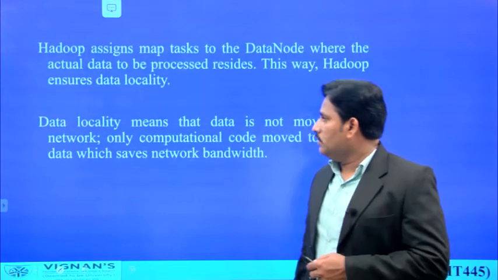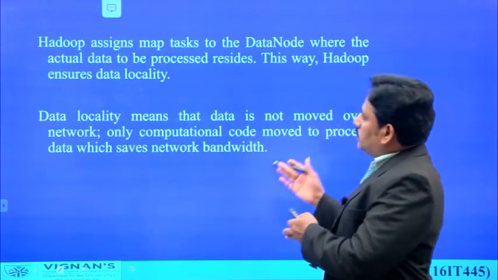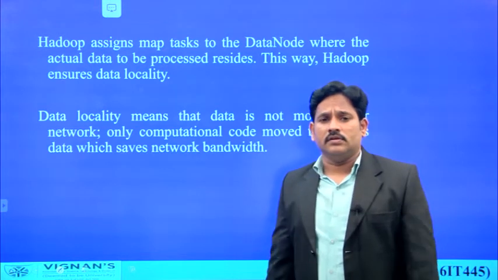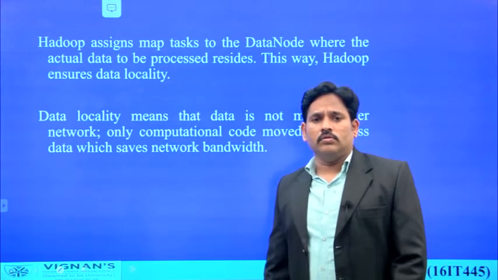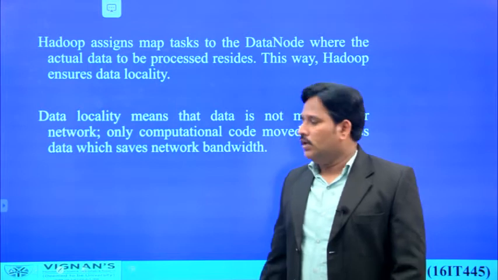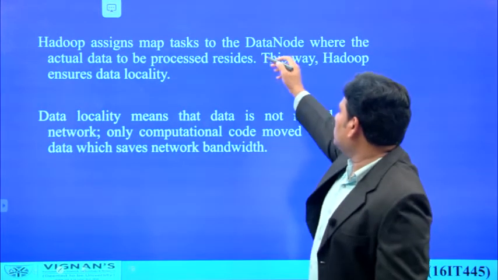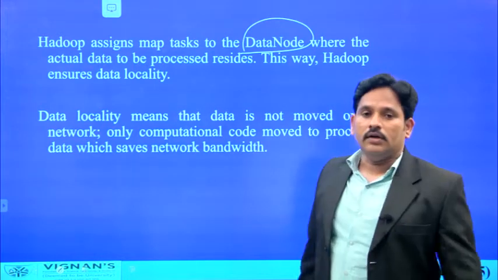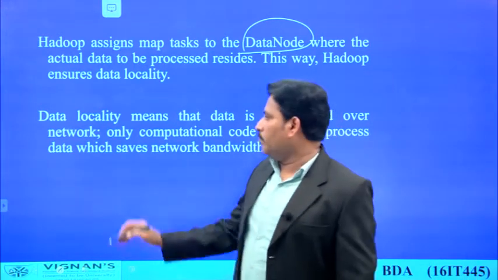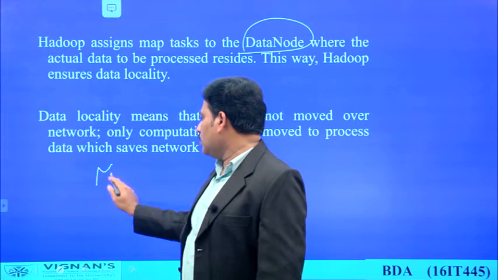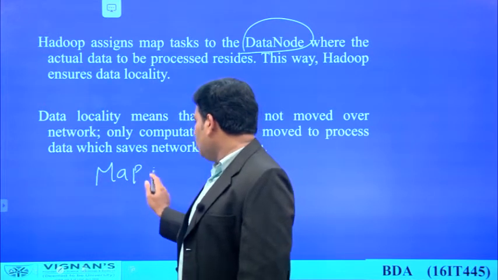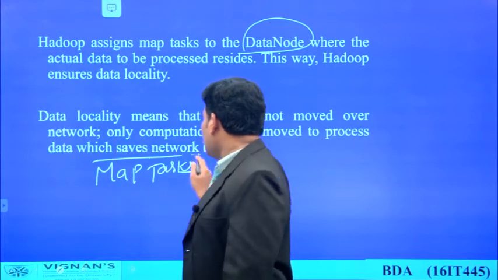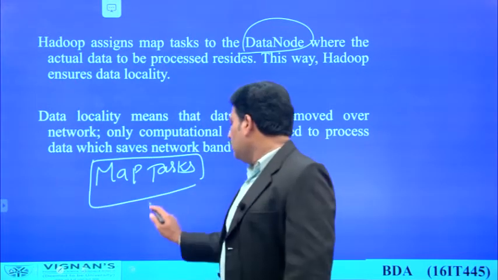Now we will see how these tasks are going to be assigned. Once the job has been given to the mapper module from a client, Hadoop assigns the map task to a data node. That means in order to complete the work which has been given to the mapper module, which we call a mapper task, these mapper tasks are going to be assigned to a data node.